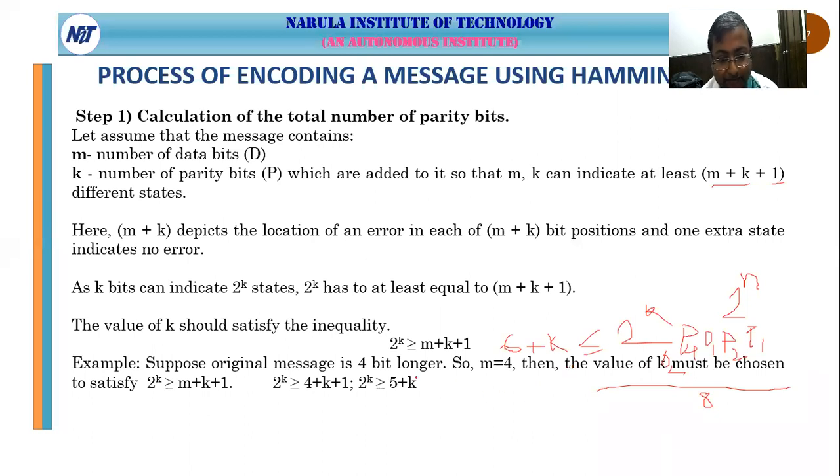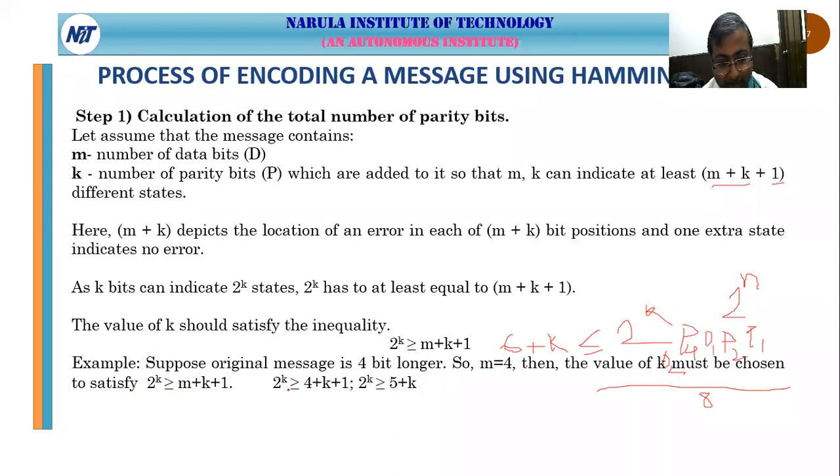So now there is an example. Suppose the original message is 4 bit, that is M equal to 4. Then the value of K must be chosen to satisfy 2 to the power of K greater than or equal to M plus K plus 1.